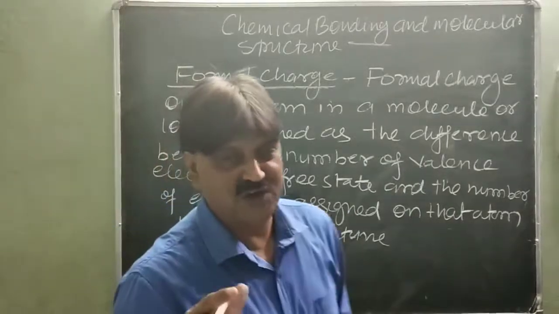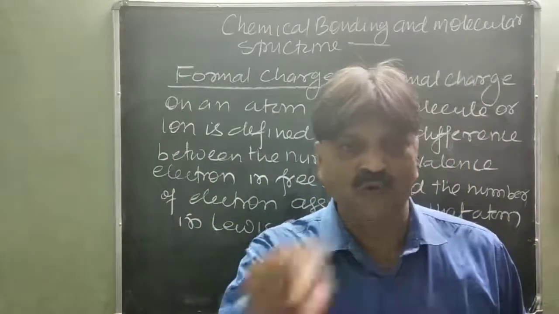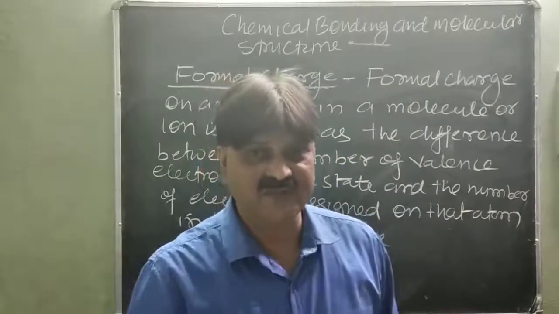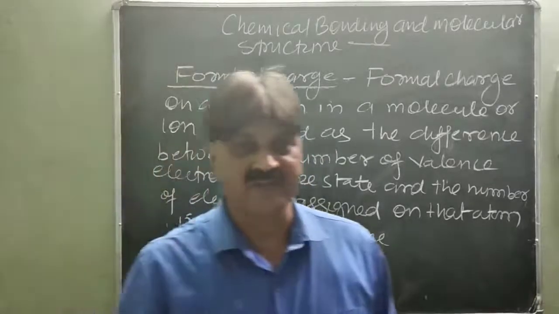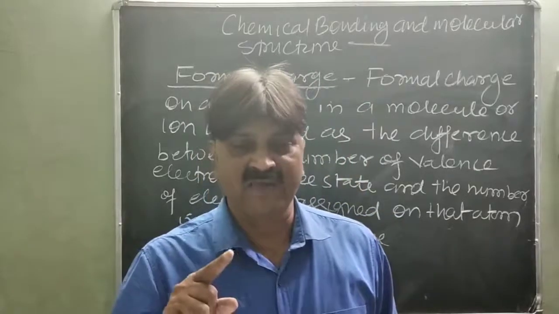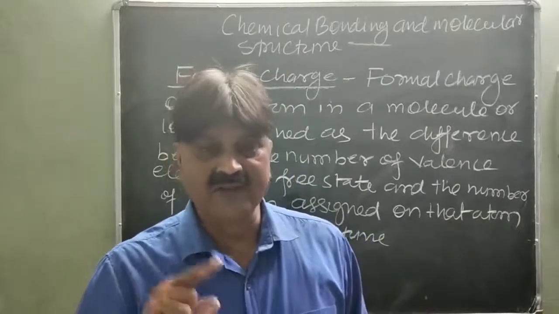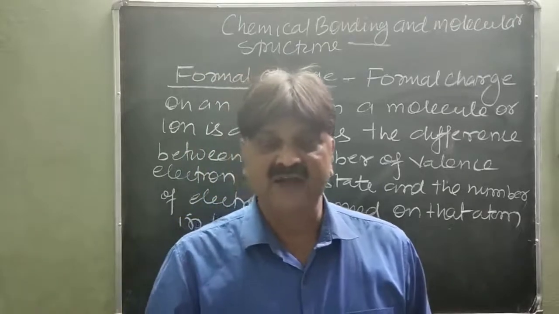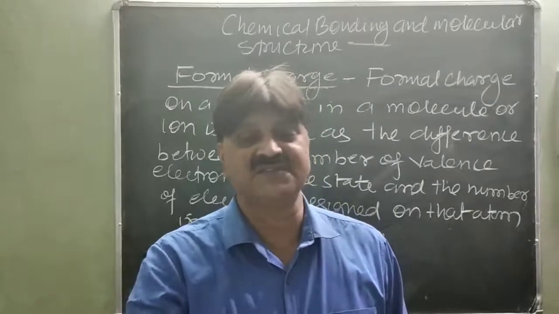So formal charge does not appear on a particular atom in a molecule. The charge belongs to the whole ion, but the charge is present at the atom. The formal charge on an atom in a molecule or ion is defined as the difference between the number of valence electrons in the free or isolated state and the number of electrons assigned to that atom in the Lewis structure.